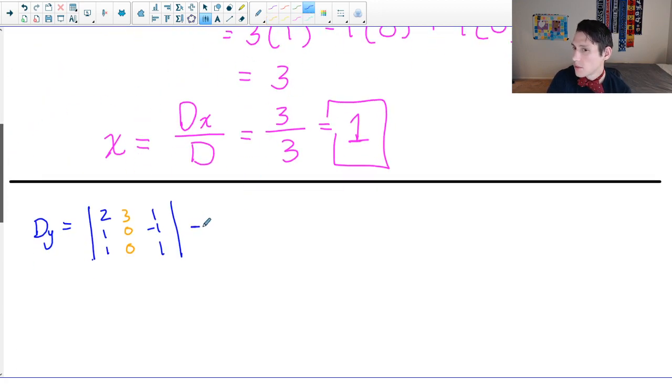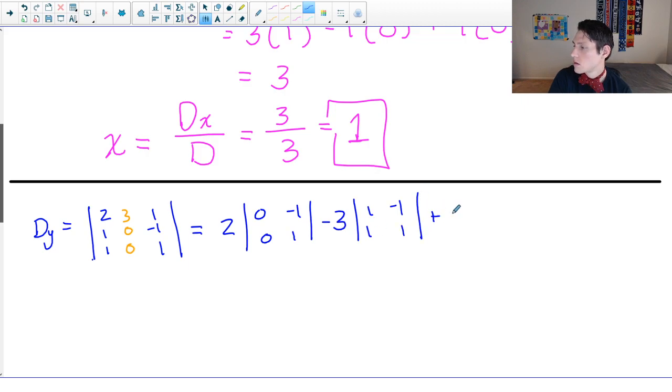And now we do our formula. So 2, 0, negative 1, 0, 1, minus 3, 1, negative 1, 1, 1, plus 1, 1, 0, 1, 0. Again, I'll keep saying it: minus sign in here, even though this is a positive 3, the formula puts a minus sign there.